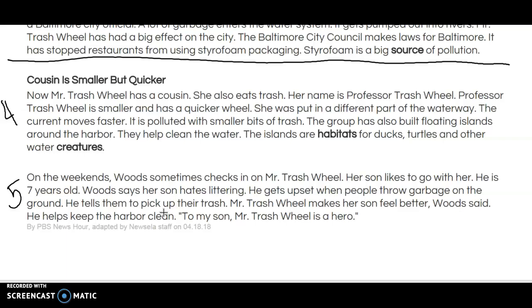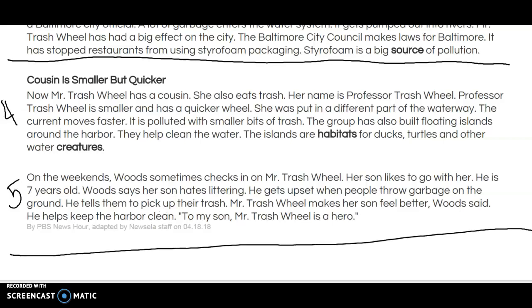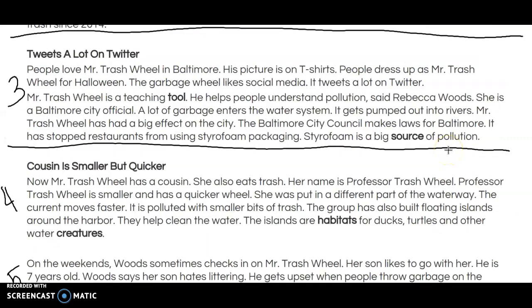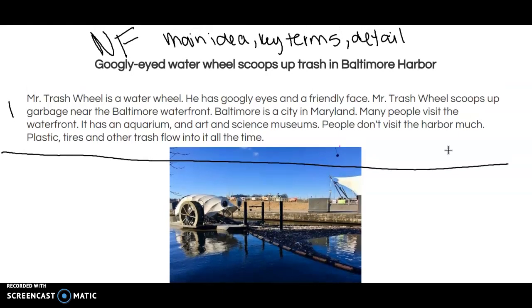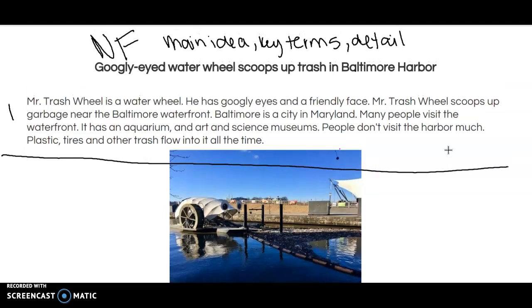Because this is one section, I think that we can handle these 2 paragraphs, and that will be our last section. So we have 1, 2, 3, 4 sections.